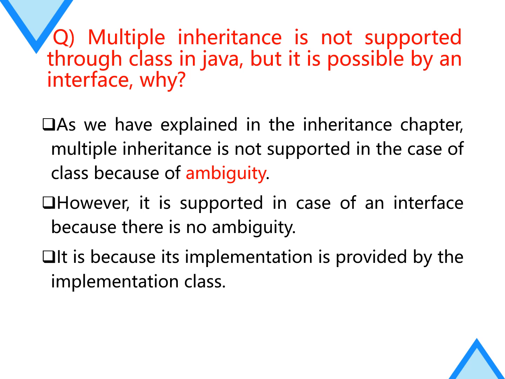So the answer to your question: multiple inheritance is not supported through classes in Java because of ambiguity. And why is it possible through interface? It is supported in the case of an interface because there is no ambiguity. Why is there no ambiguity? Because its implementation is provided by the implementation class. The interface does not have any implementation.